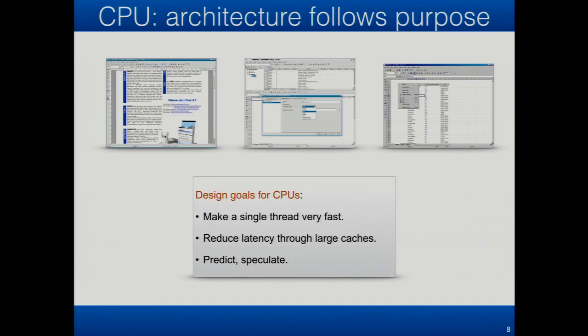That purpose drove a good deal of the design philosophy that was pushed into the early x86 design. The primary focus was on making sure that single threads run very fast. You don't want the thread to stall. You don't want the program to stall.